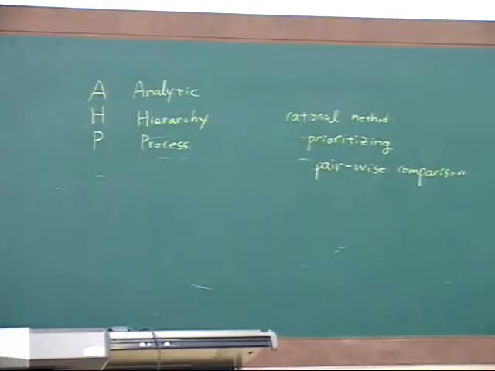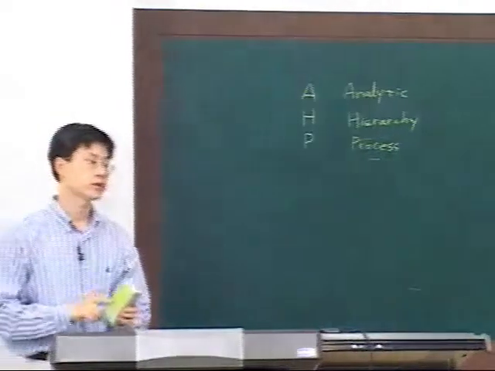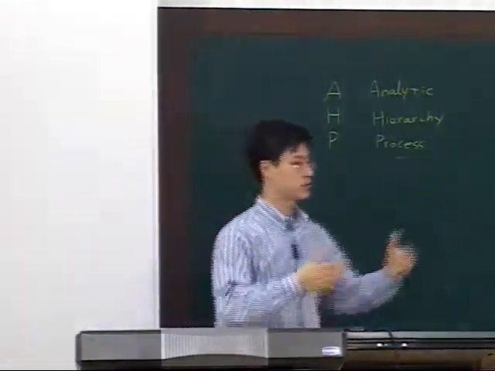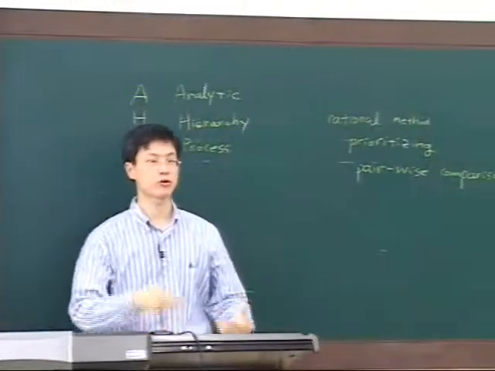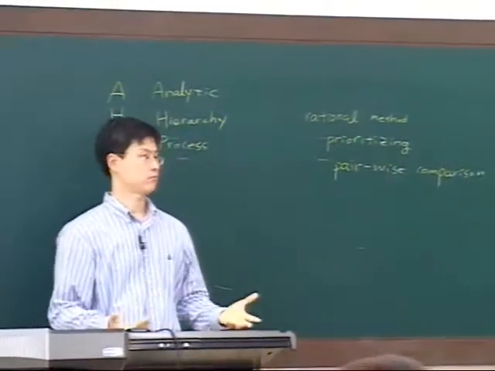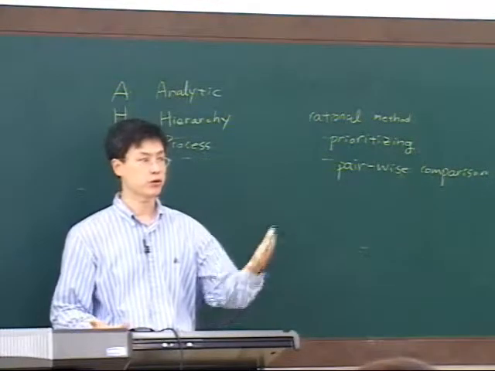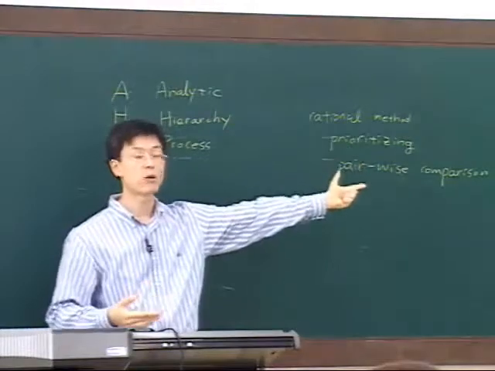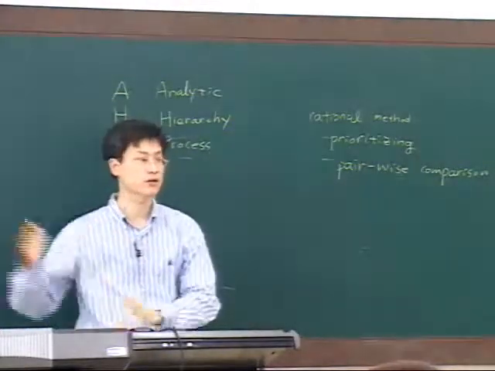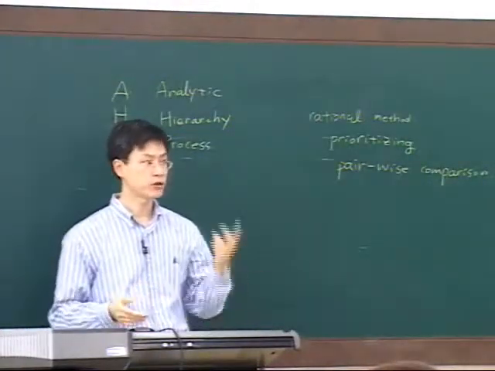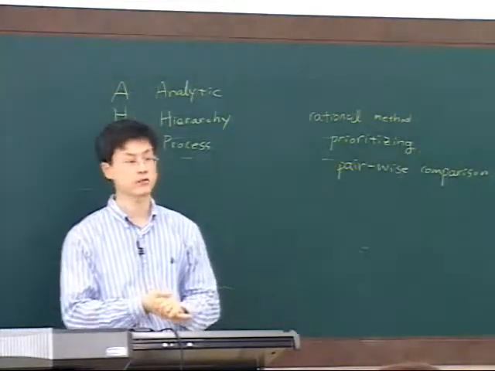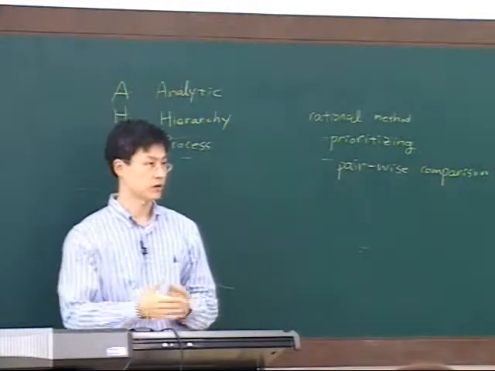This idea originated from an observation: humans are very good at comparing. Think about yourself. If you're going to purchase a microwave, you went to Home Plus, and there is a microwave section. If you have only two options, a brand A microwave and a brand B microwave, you can easily pick one.